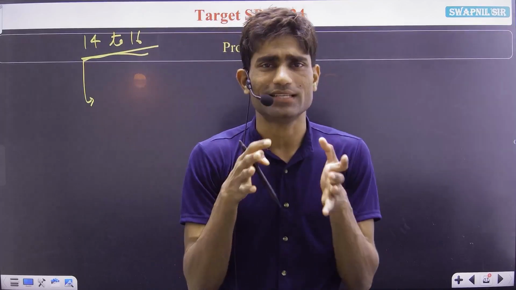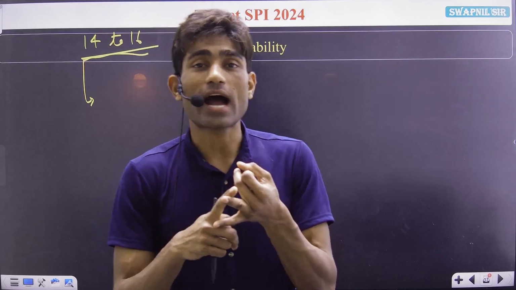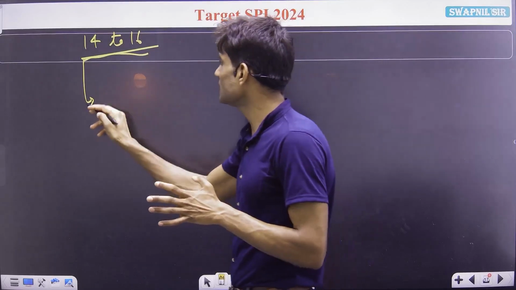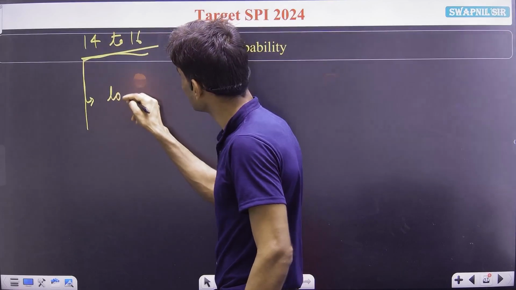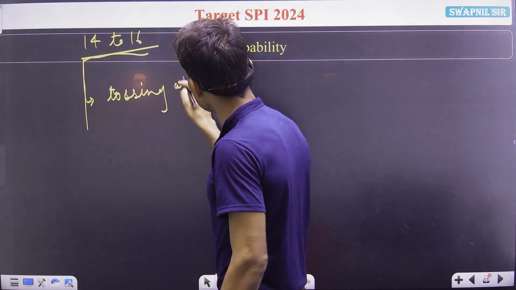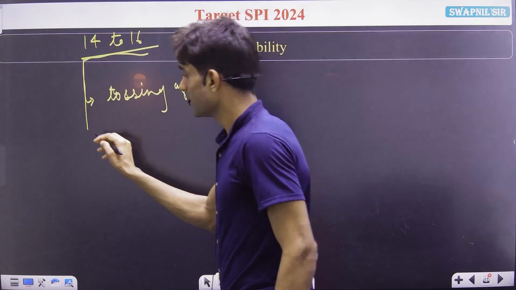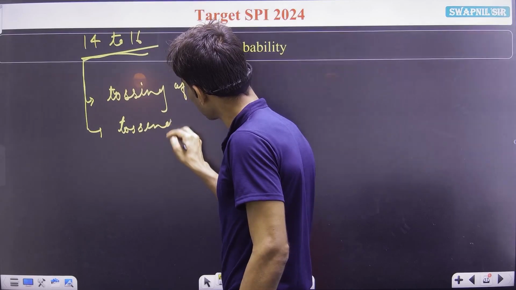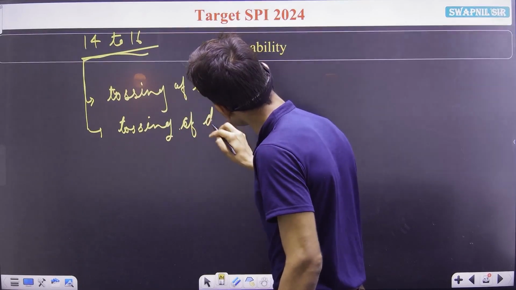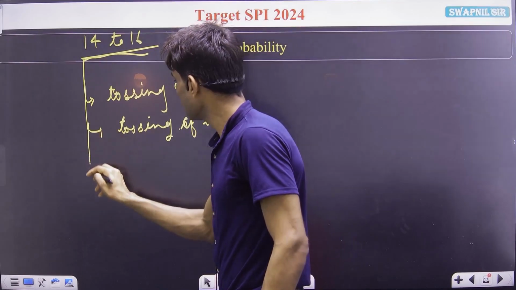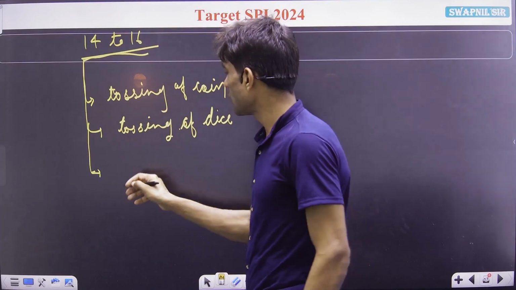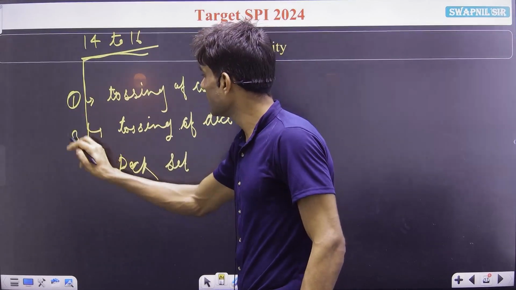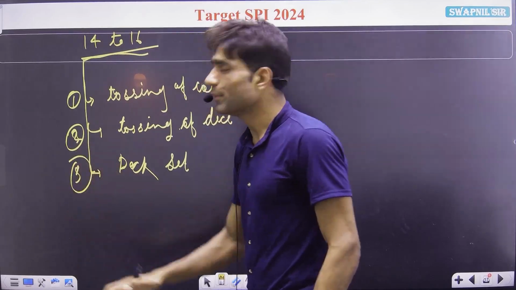You will get random experiments like tossing of a coin, tossing of a dice, operations on a deck set, or some random events. Based on these 14 to 16 questions, you will get tossing of a coin, after that tossing of a dice, and after that operations and random events on a deck set.